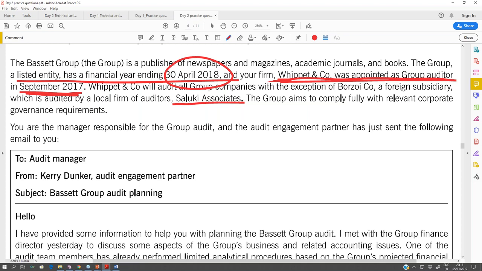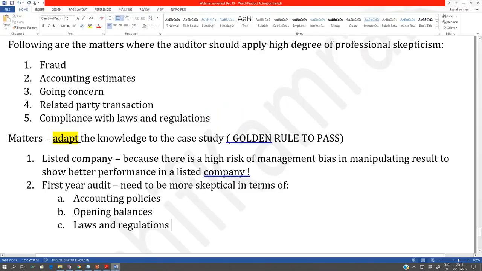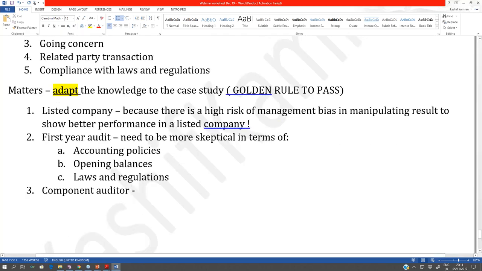So another point in the first paragraph, I need to be skeptical about the component auditor. How is the component auditor performing work? I need to be more skeptical about component auditor work and component auditor strategy.